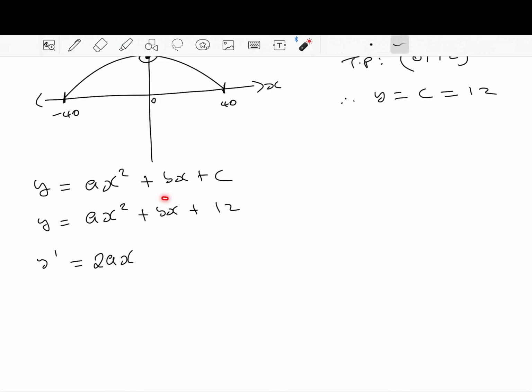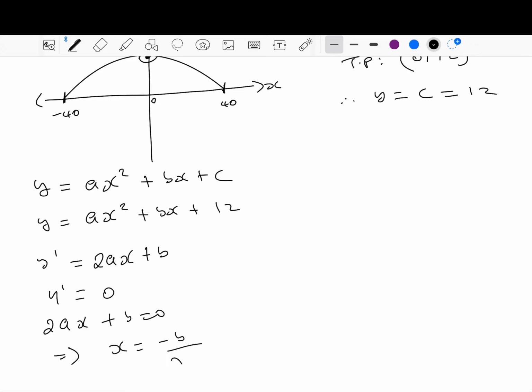What is the derivative of bx? It's just b. What is the derivative of a constant? The derivative of a constant is 0. Then take the derivative, equate it to 0 and solve for x. So you have 2ax + b = 0, and then x is equal to −b/2a.